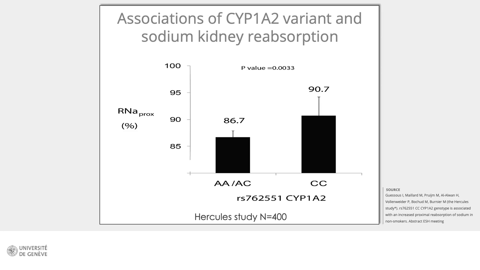Why did we look at that? Because the more sodium you reabsorb in the kidney, the higher your blood pressure. Conversely, if you reabsorb less sodium in your kidney, you have a lower blood pressure.